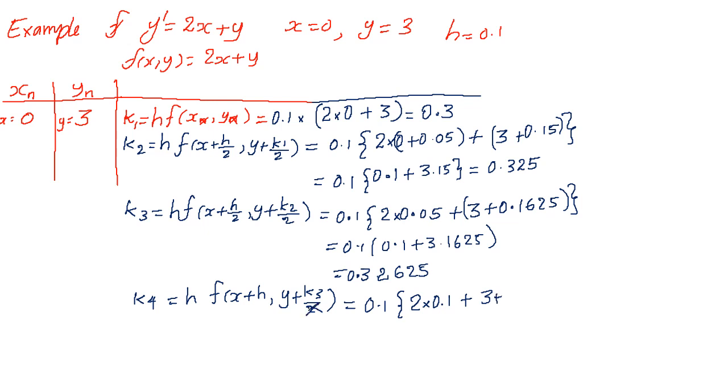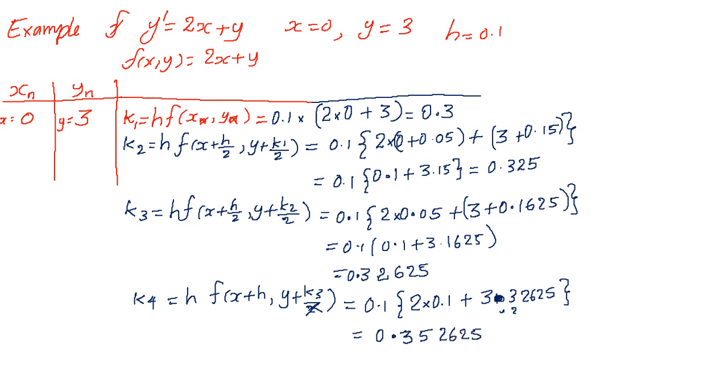So 3 plus 0.32625 is 3.32625. Adding 0.2 again, you will get 3.52625. When multiplied with 0.1, you will get 0.352625. So this is our k4.